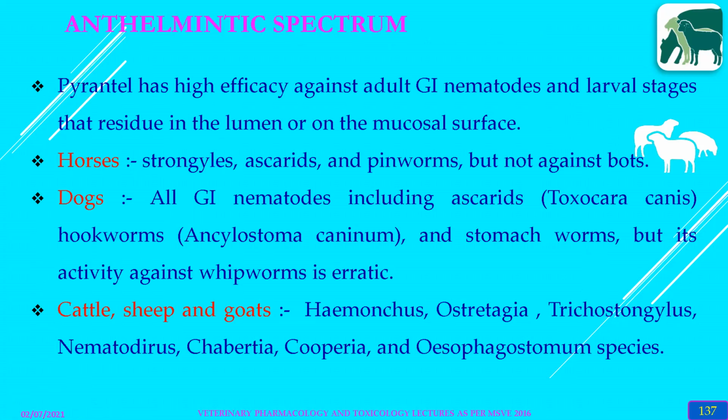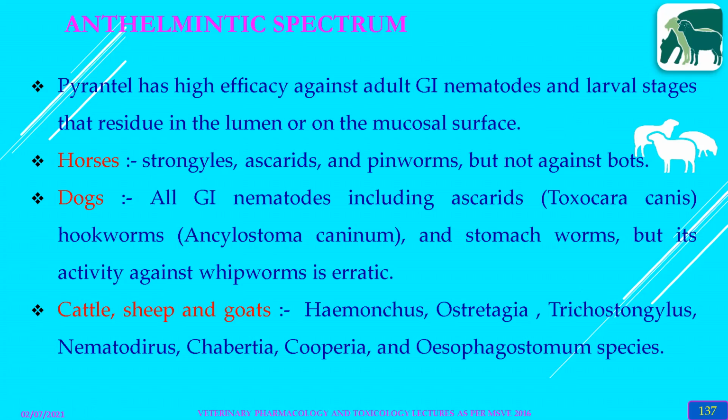So the anthelmintic spectrum, as usual, is effective against GI nematodes and larval stages of the different parasites in the lumen and also on the mucosal surface. In horses, especially, the strongyles are covered. Strongyles are one of the most common helminth infections.